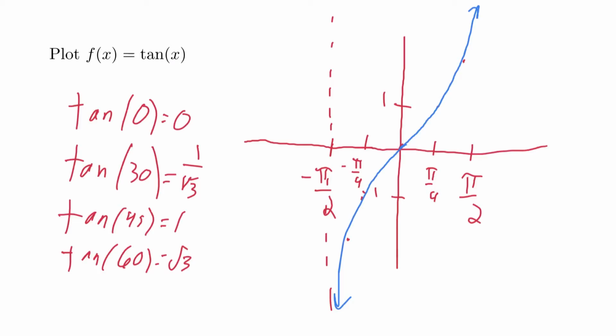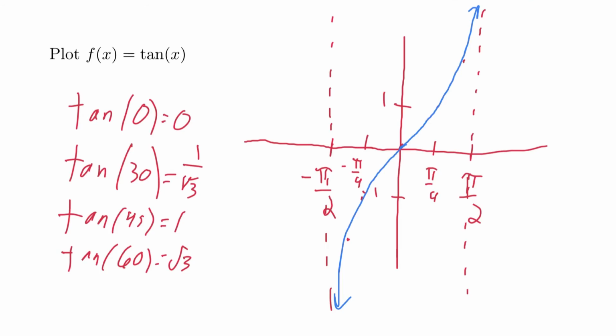It has what in calculus you might call a discontinuity at negative pi over 2 and pi over 2, which means it never actually is able to cross that line. So why is that the case? Well, in that case, you would have division by 0.